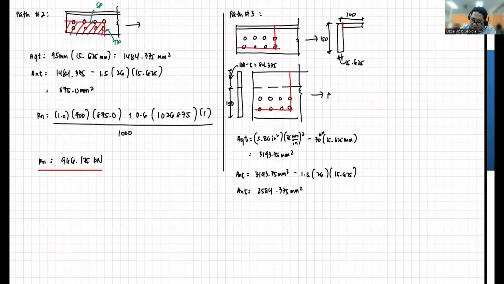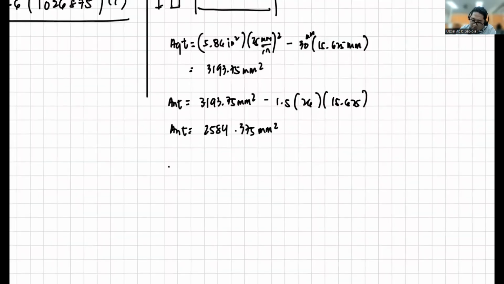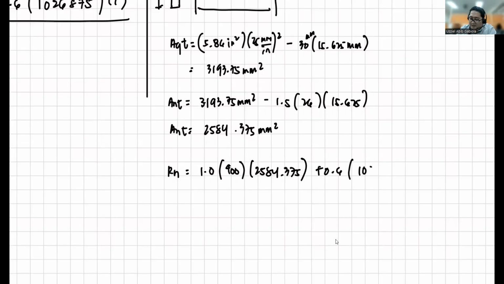So kunin natin yung Rn niya. Rn equals to UBS is 1.0. Okay? Times FU is 400. ANT is 2584.375 plus 0.6 tapos yung nakuha ang minimum natin kanina 1,26,875 and then this is all in Newton, so divide natin by 1,000 para maging kilonewton.